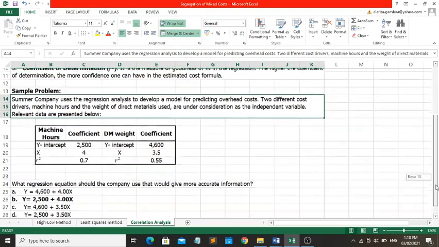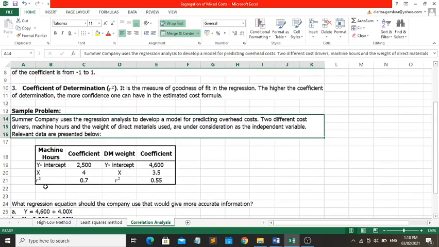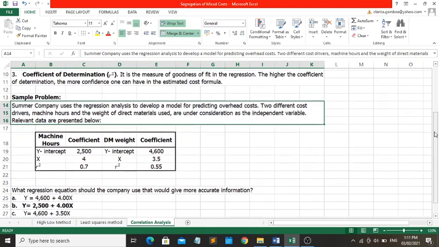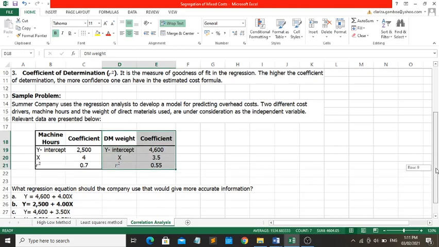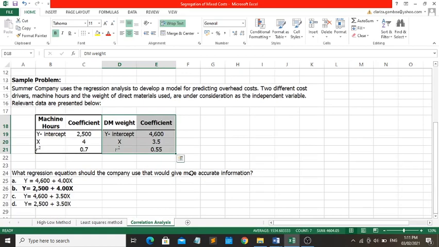Kasi 'di ba, sabi natin, dun sa coefficient, binigyan tayo dito ng coefficient of determination. Sabi, the higher the coefficient of determination, the more confidence one can have in the estimated cost formula.